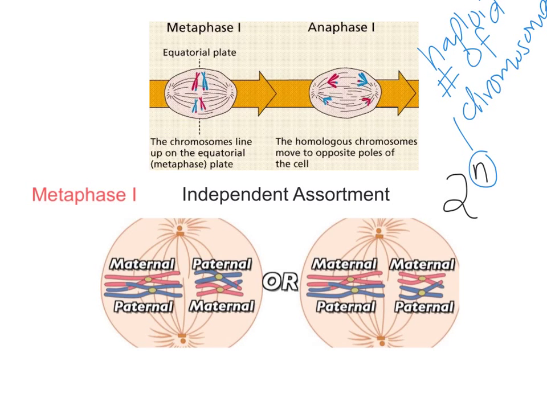So that means for humans, it's 2 to the 23rd, which equals 8,388,608 combinations for how the chromosomes can line up during metaphase. Okay? So you have that, plus all of the crossing over that can occur during prophase I, and it's no wonder that all of the gametes that are produced during meiosis are unique.